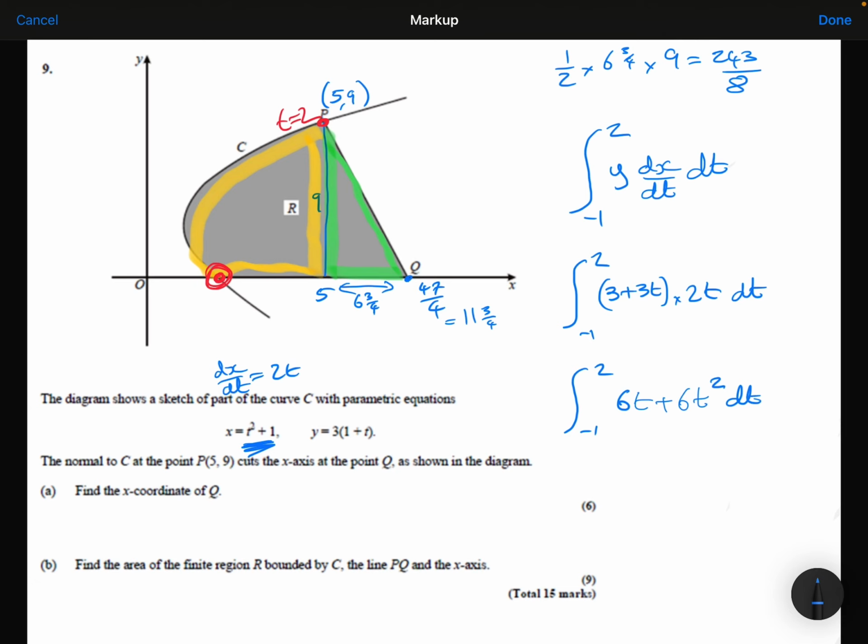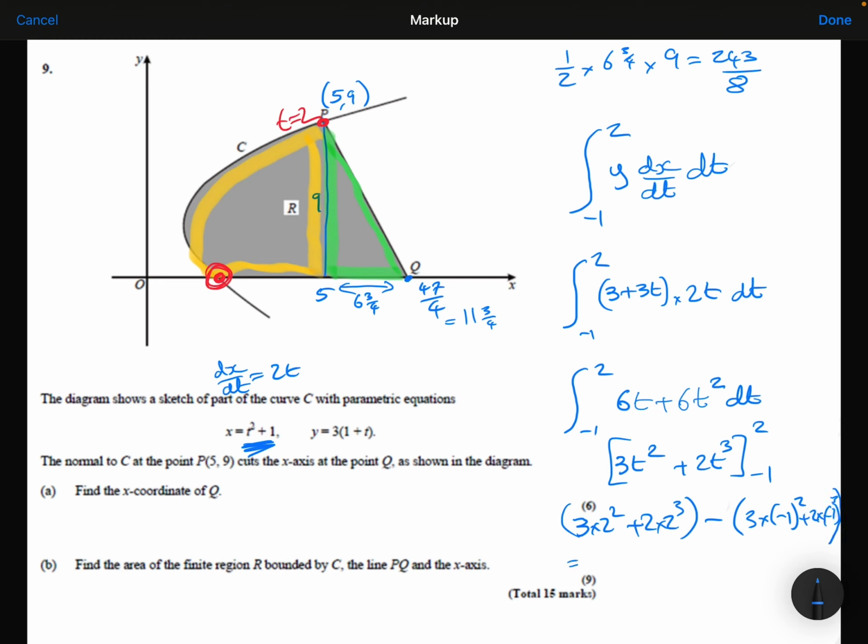Which when integrated will get 3t squared plus 2t cubed. Substitute the 2 in first, so 3 times 2 squared plus 2 times 2 cubed, take away 3 times -1 squared plus 2 times -1 cubed.